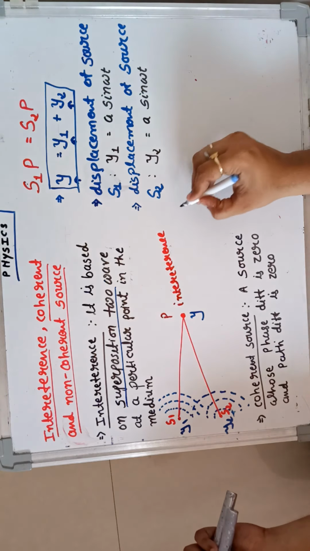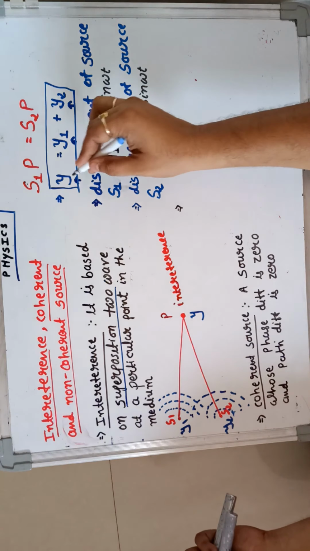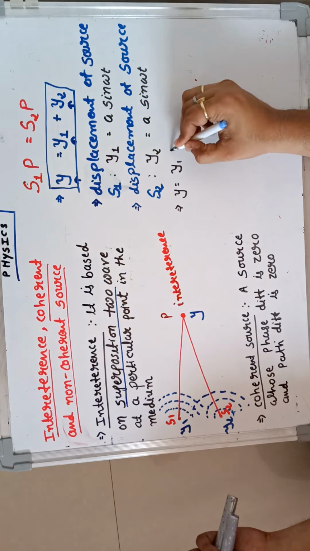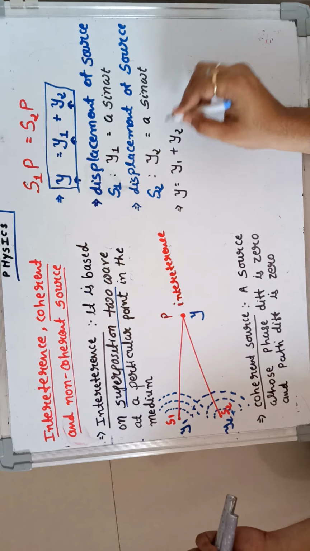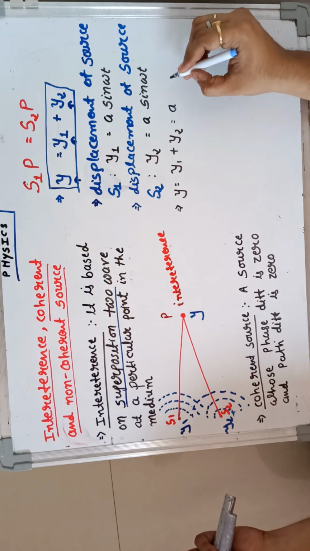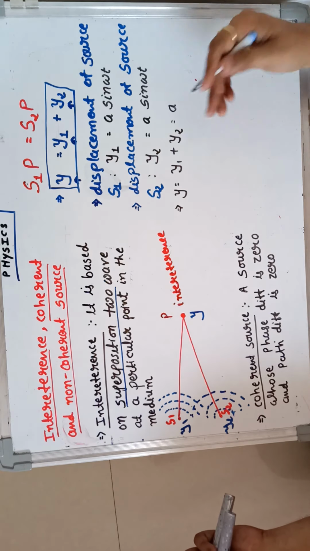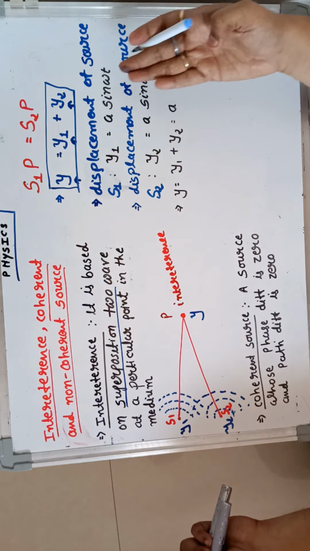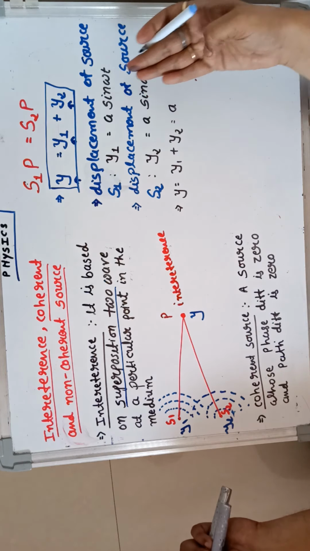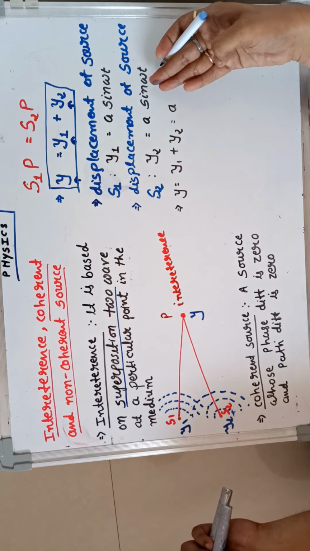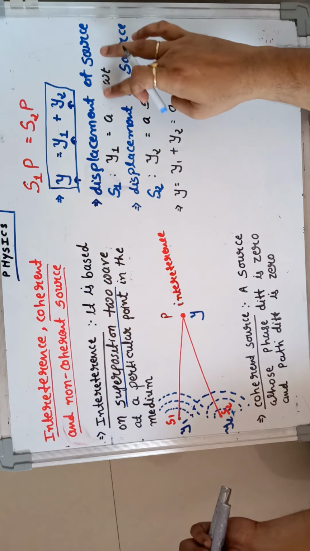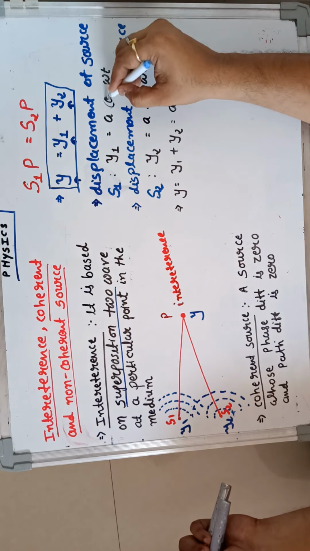Now, using the superposition concept, y is equal to y1 plus y2. Once again I write here, y1 is equal to a cos omega t. Here you could take a sin omega t, but in the textbook it uses cos omega t, so we take cos omega t. It doesn't matter.